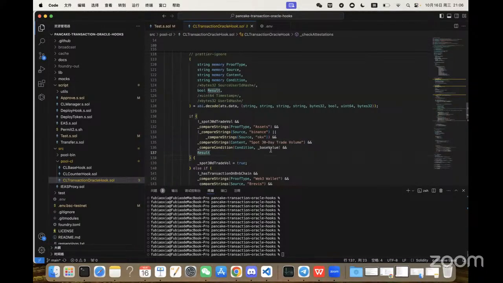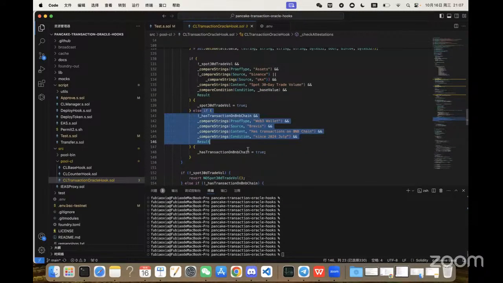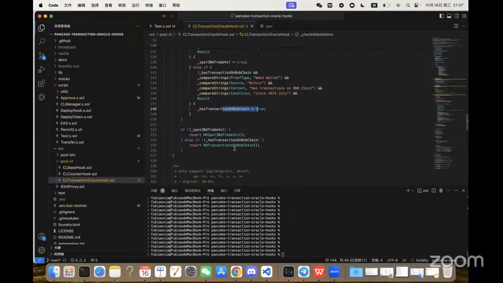Here I made a test value, to check if the user did some spot trading in the past 30 days. So basically there are two attestation checks here. If the user passes the attestation, then the operation is processed, and if not, the transaction is just reverted and fails.